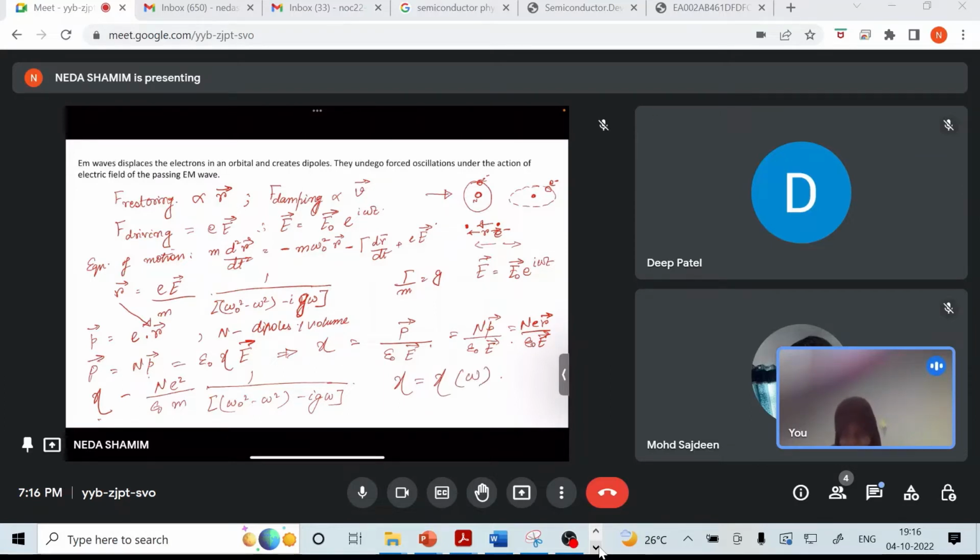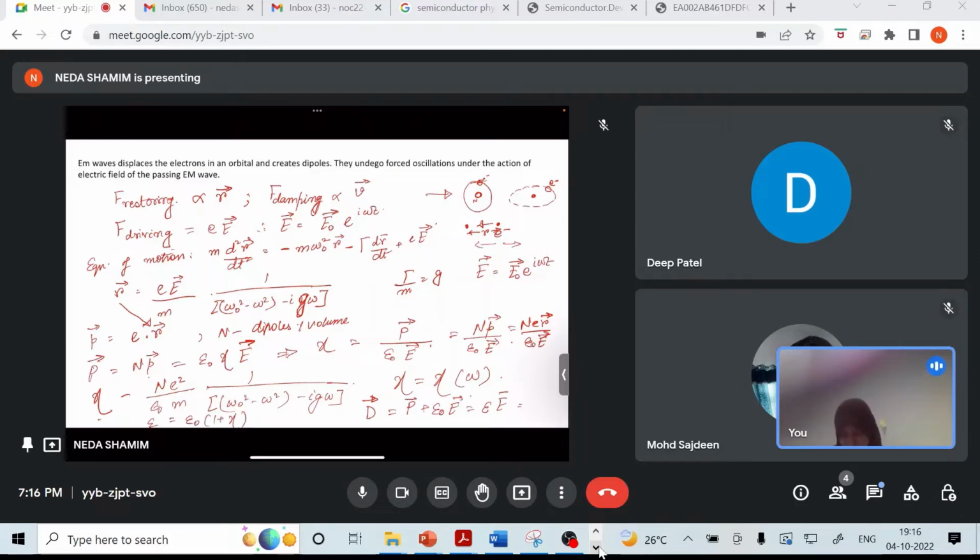And if we want to know about permittivity, how do we go about it? We know that the displacement vector is equivalent to P plus epsilon 0 E. We can convert this into susceptibility: this will be equivalent to some epsilon times E, where we also convert P, since P is epsilon 0 chi E. So epsilon will be equivalent to epsilon 0 times 1 plus chi.